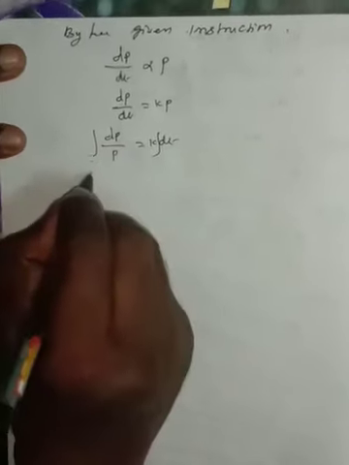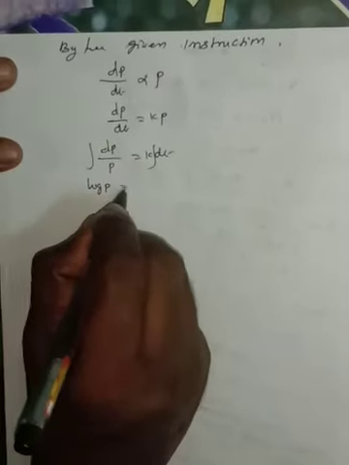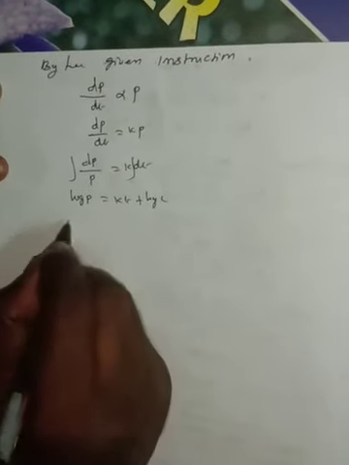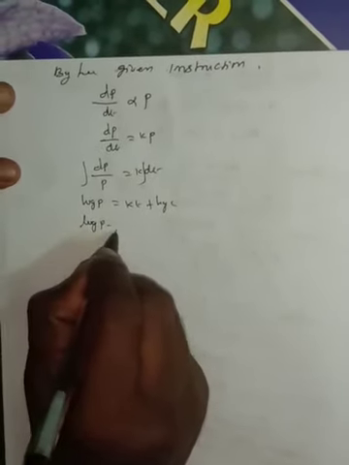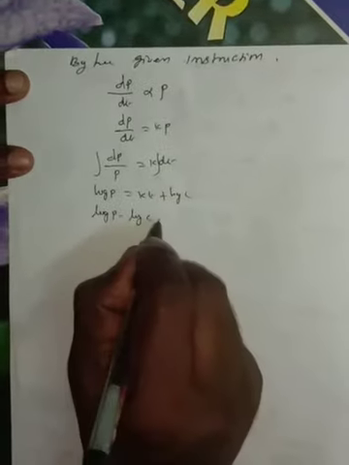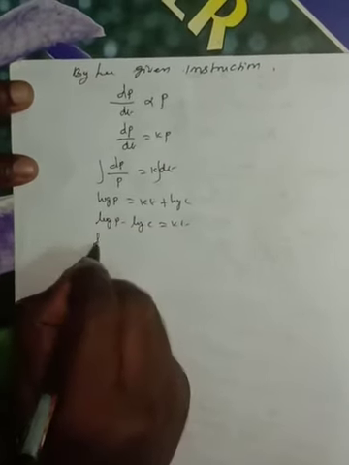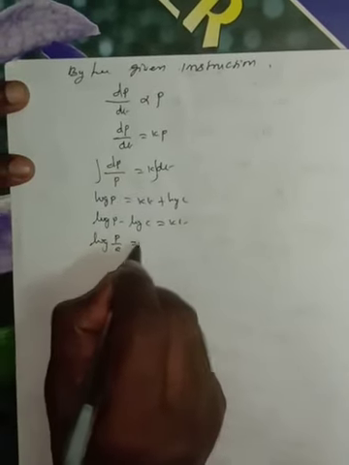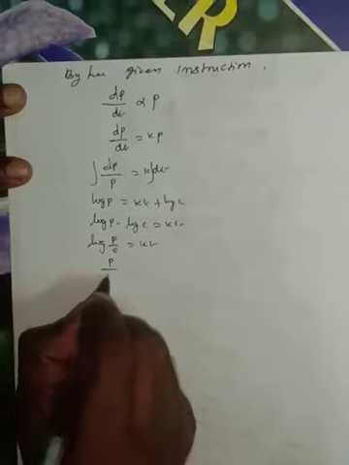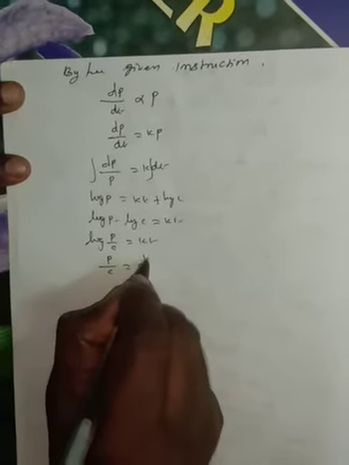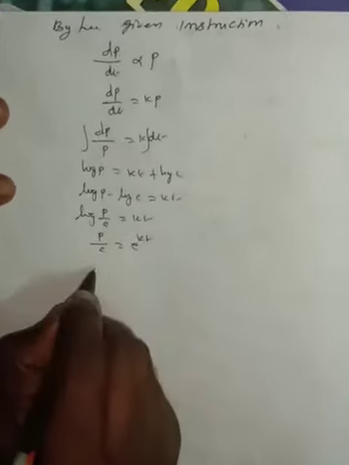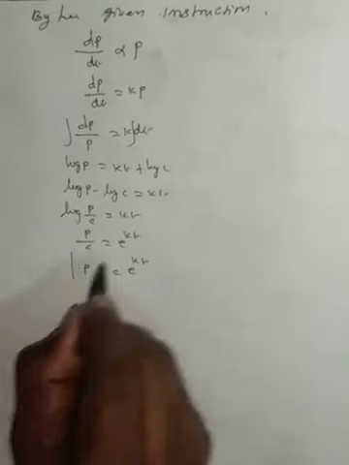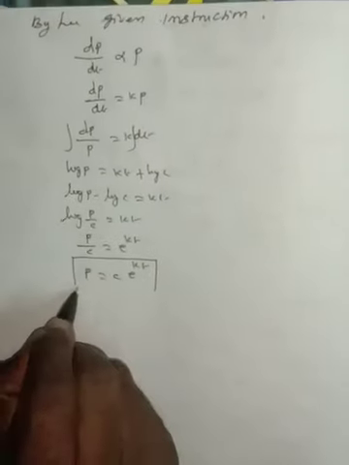Integrating both sides, we have log P is equal to kt plus log C. Log P minus log C is equal to kt. Log a minus log b is log a by b. Log P by C is equal to kt. P by C is equal to e to the power of kt. P is equal to C e to the power of kt. Number this as 1.